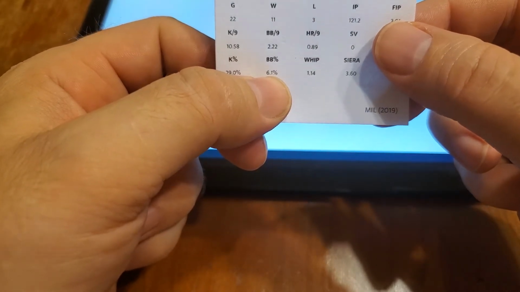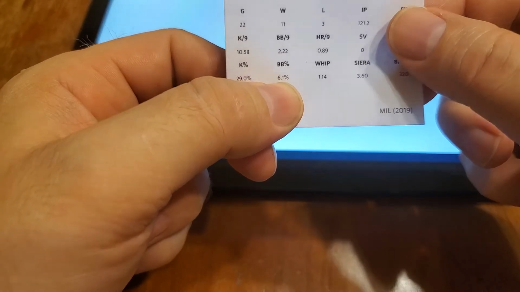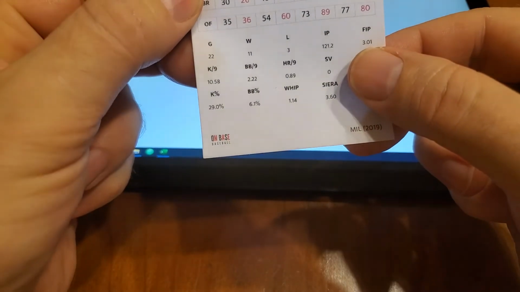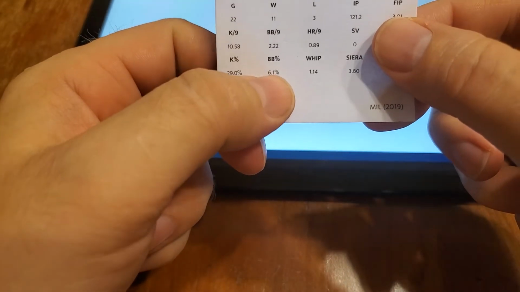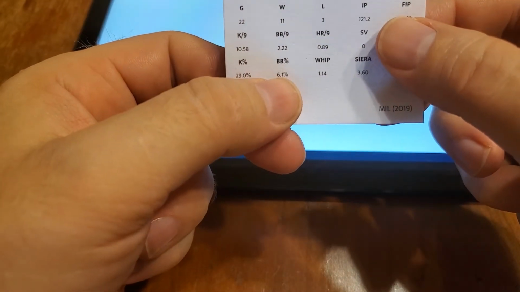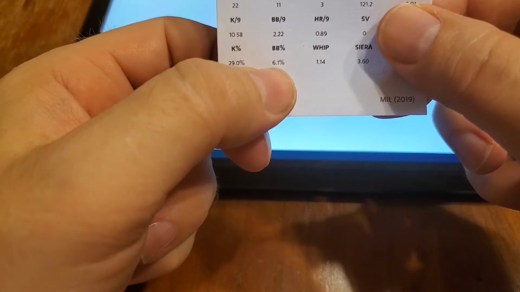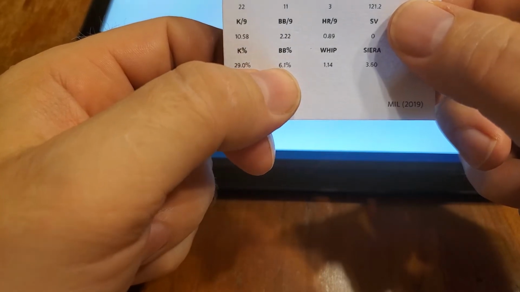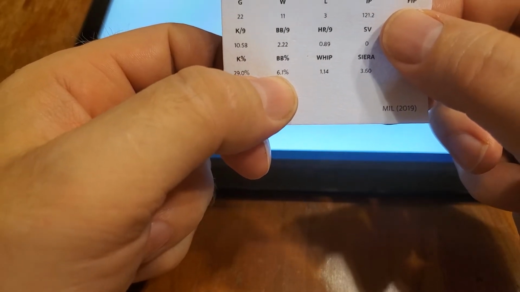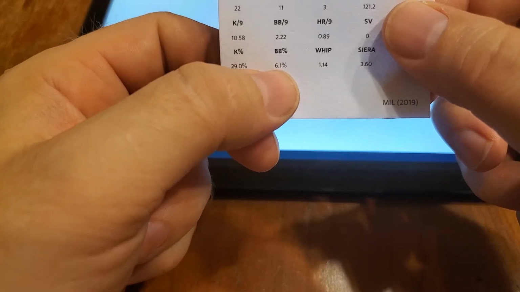Auto Ks and auto walks are hard to explain. The auto walk number that we evaluate is 100 minus the rounded down version of walk percentage. So his walk percentage is 6. For our purposes, it's 6.1, but we're going to round it down.